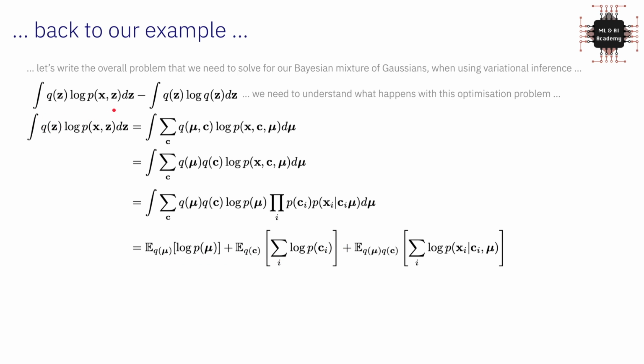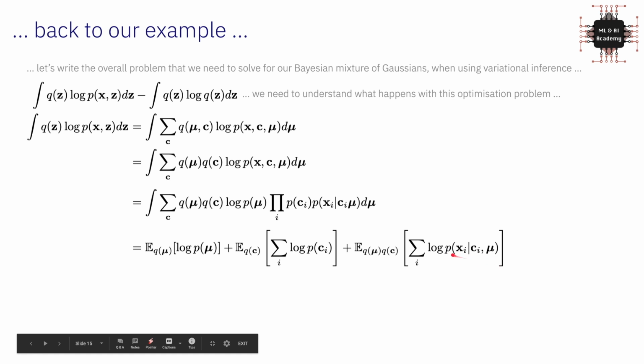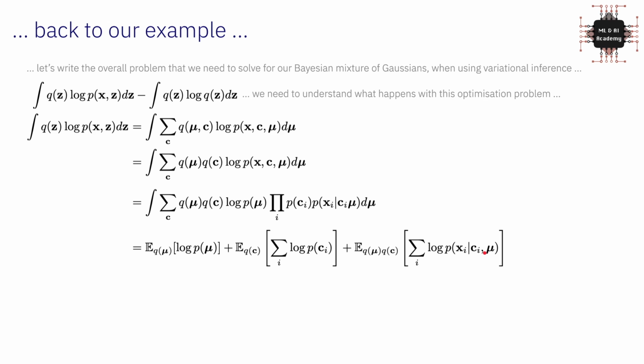So our first term from the ELBO is nothing but the expectation over q of mu of log p of mu. Remember, mu is this vector of means, which we assumed are coming from a Gaussian. Ci is this categorical distribution, which we assumed at the beginning is equally probable to be sampled. And remember that this term right here is nothing but the Gaussian with the inner product mean and some variance.